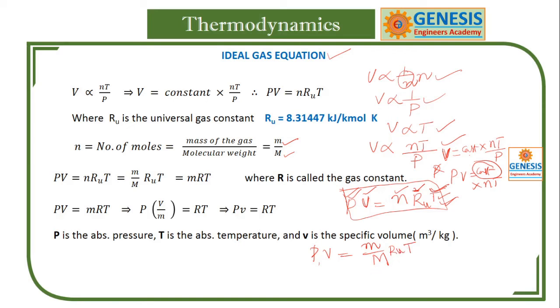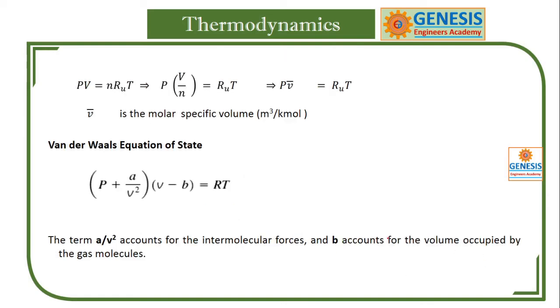You got my point? So Ru by M can be called the general gas constant. Universal gas constant divided by molecular weight is called gas constant R. Then the formula becomes PV is equal to mRT. From this equation, you can also have another one, that is PV is equal to nRuT.